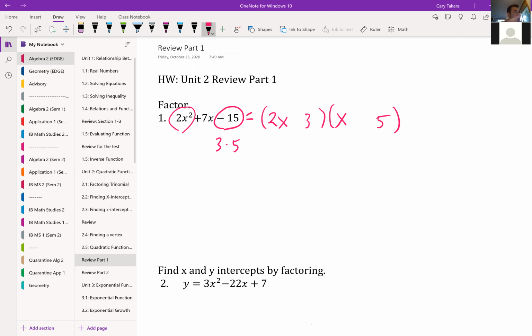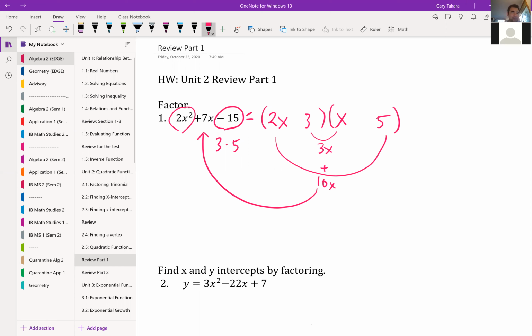We may need to switch around or do something, but how do we know which one is positive, which one is negative? You're going to do the donuts, right? You do 3x, 2x times 5 is 10x. Now, when you add 3x and 10x, you want to get positive 7x. That's where the middle term is coming from.